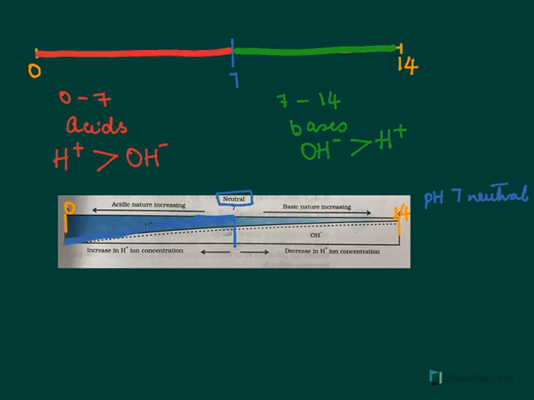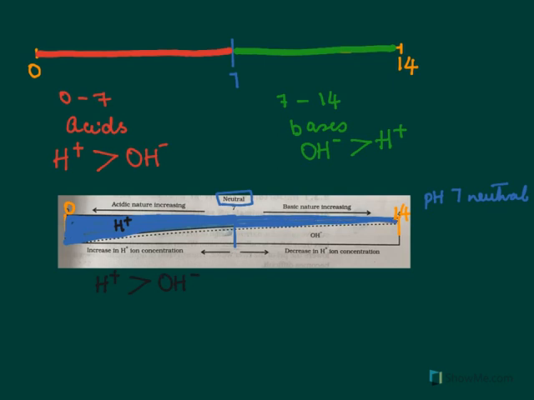In this region, have you seen this is blue here? In this region, this is the hydrogen ion concentration. Here is the hydrogen ion. So in all this area, have you seen the number of hydrogen ions is more than the number of OH ions. But when we go on to the other side, what is happening to the hydrogen ions?